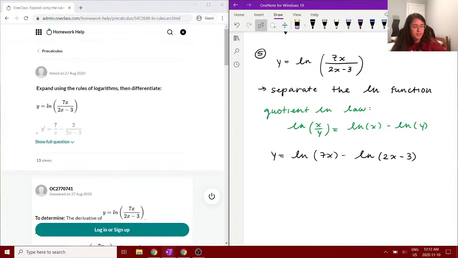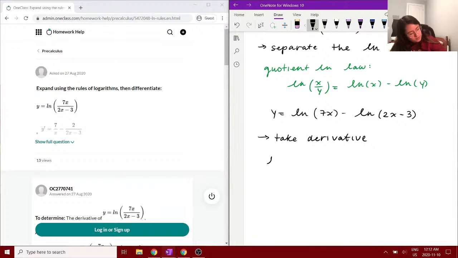So now that we separated it, it will be a little bit easier to take the derivative. So that's what we're going to do now. Take the derivative. And so dy by dx is equal to d by dx of this whole function here, ln of 7x minus ln of 2x minus 3.